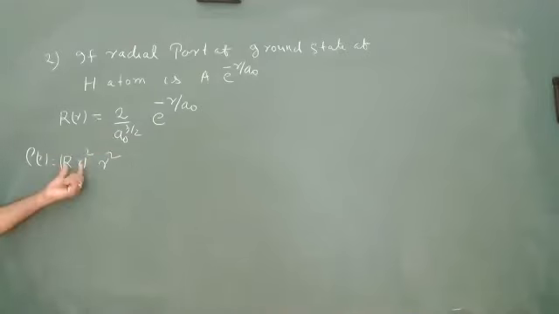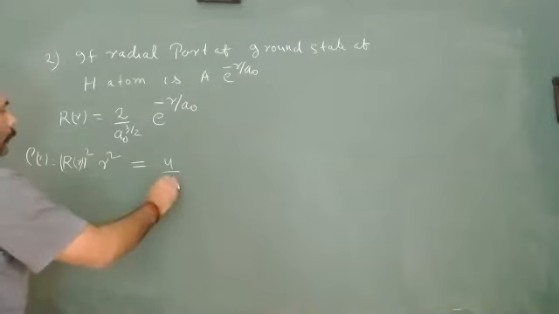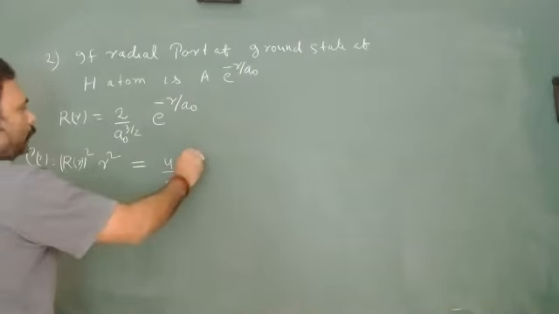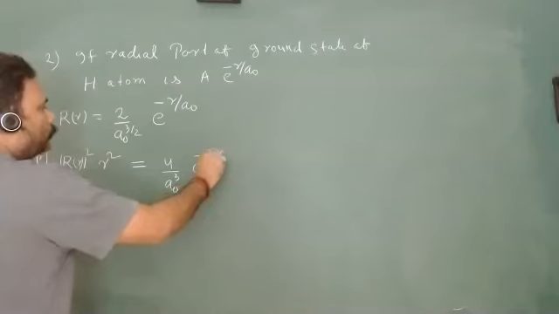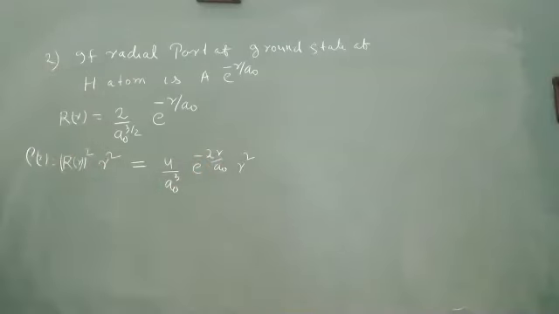A lot of people are just doing mod R square. This is a blunder. Radial probability density is mod R square times r square. So this value you can write as 4 upon a naught cube, e to the power minus 2r upon a naught, into r square. This is your radial probability density.